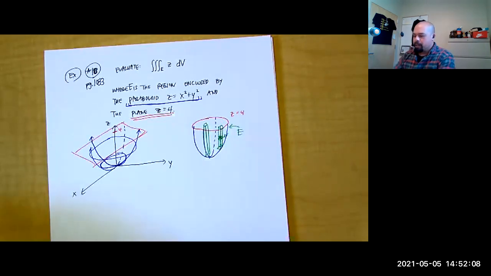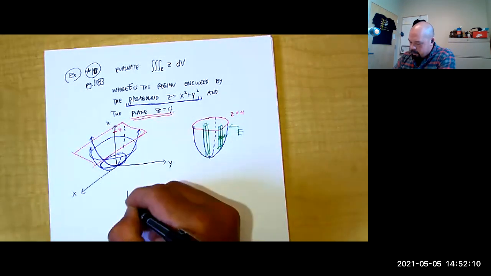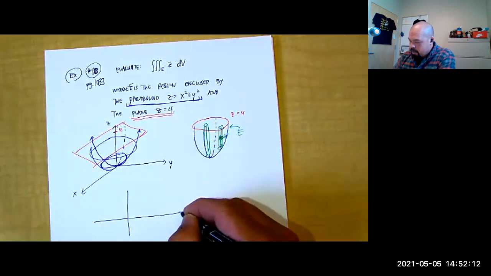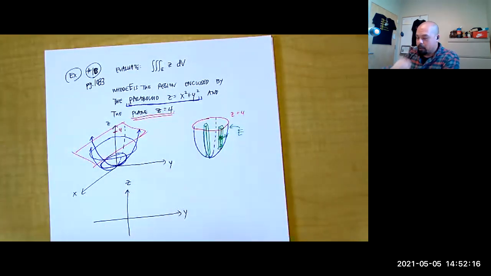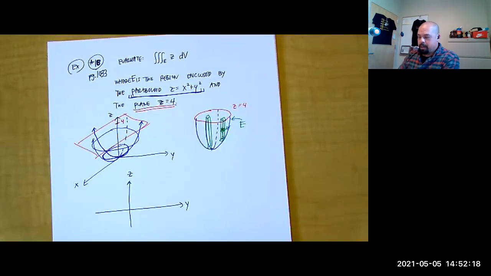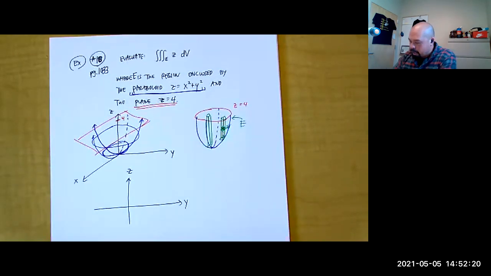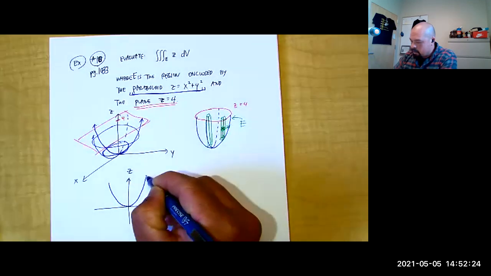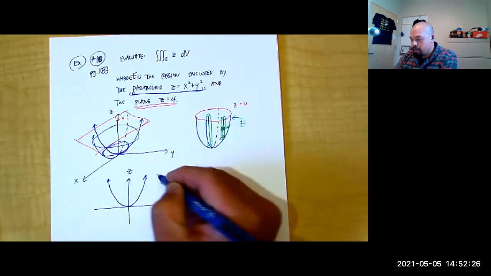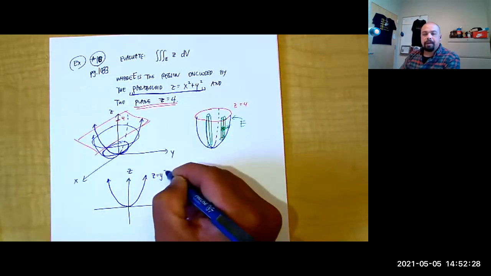Okay, and so when we start to think about these traces, these level curves in that zy plane, as we had talked about, this would be that curve, z is equal to y squared, right?